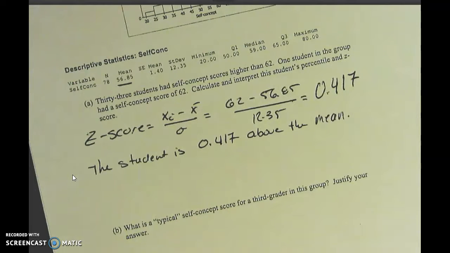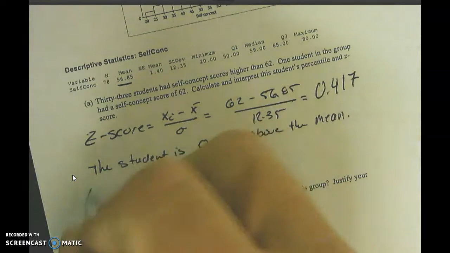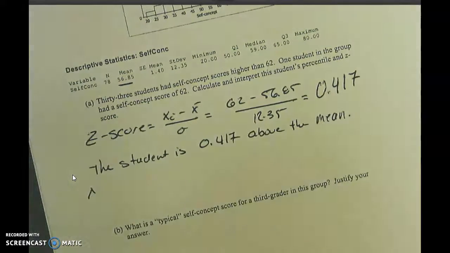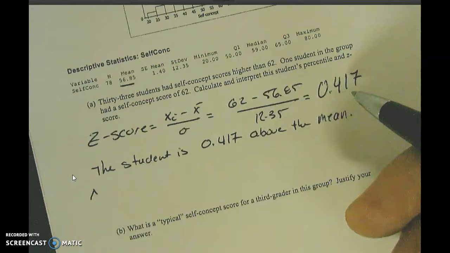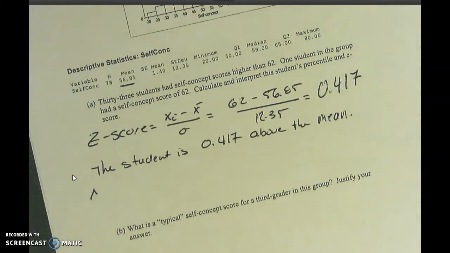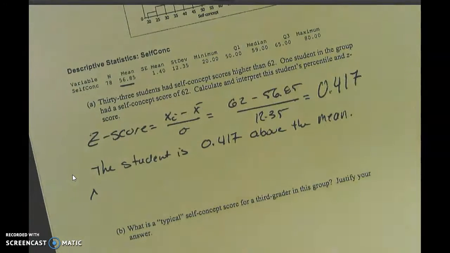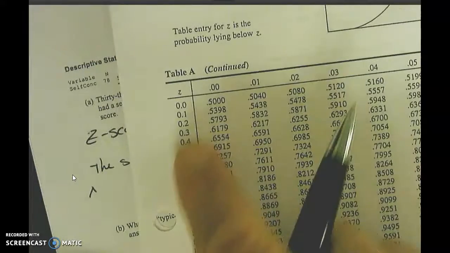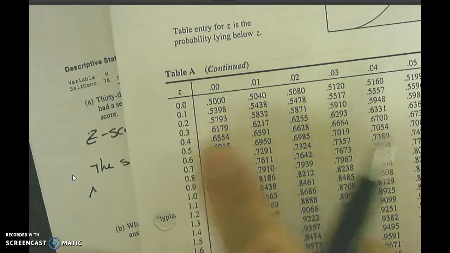Now, it says calculate the percentile. Well, technically, we already have this, right? So I could just go to my chart in the book, or I can just use the one I have here in this paper form. So I just go to 0.417.